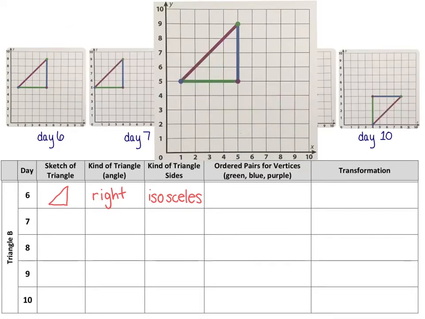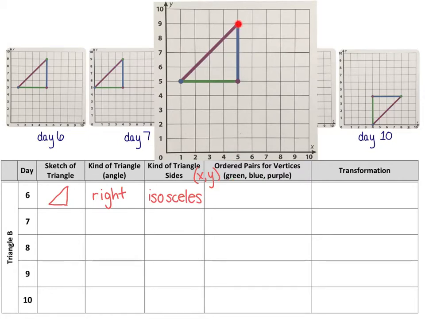All right, now we're going to look at the ordered pairs for vertices. Now, remember, an ordered pair is when you write the x-axis number, then a comma, and then the y-axis number with parentheses on the outside. Let's look at the green point first.